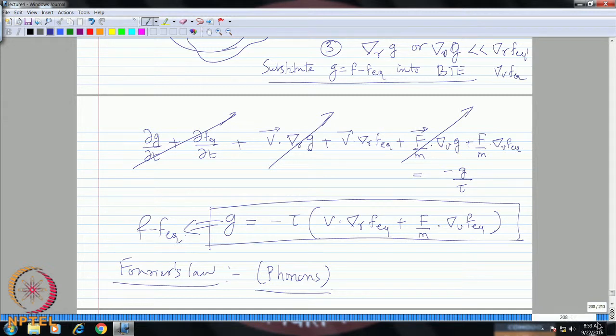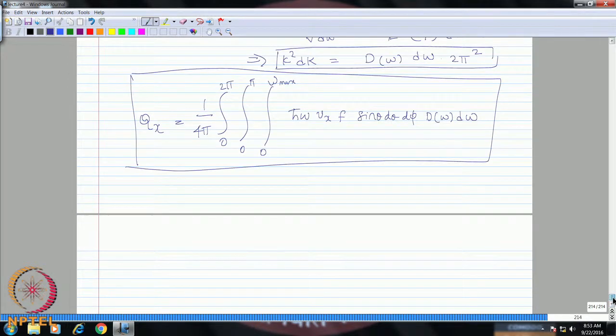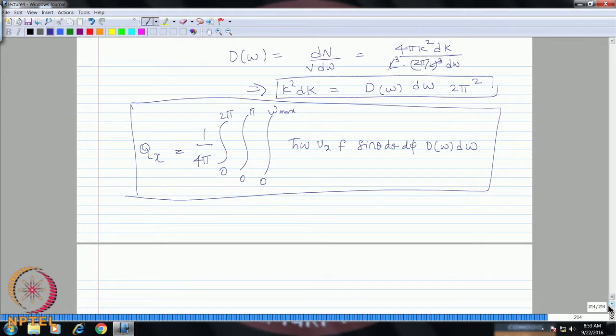Now, first if you are looking at only heat transport, there is no external force term. Therefore, this part will be 0. There is no gradient in the momentum due to the external force. Therefore, if I substitute that into this equation, I have q x will be 1 by 4 pi, and I am going to separate out the frequency integral and the solid angle integral.